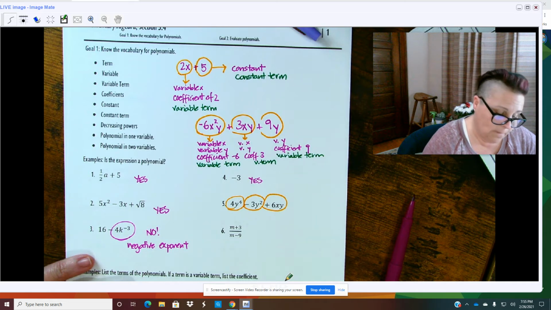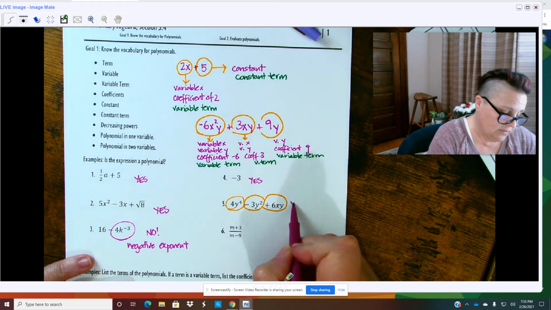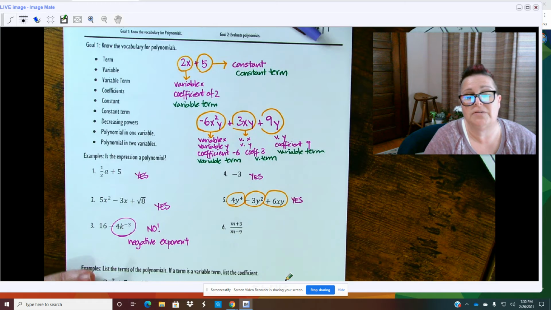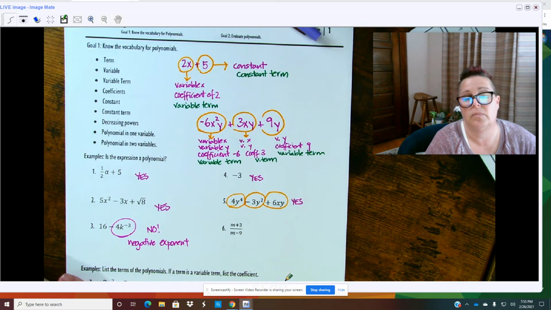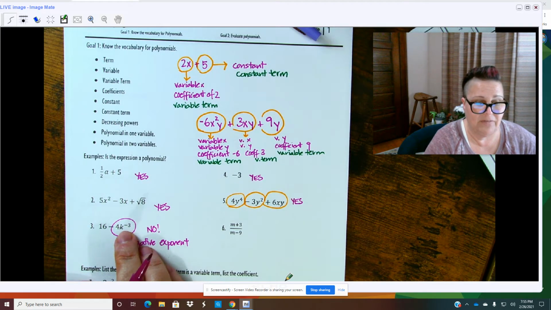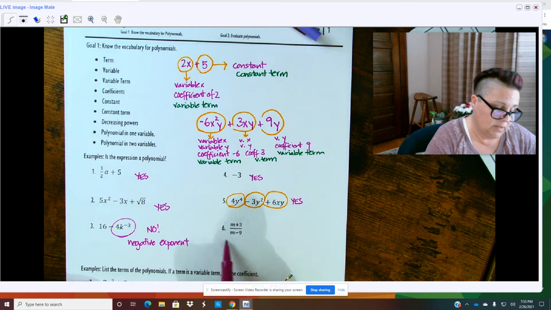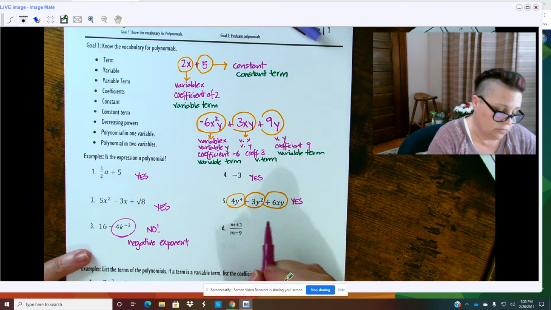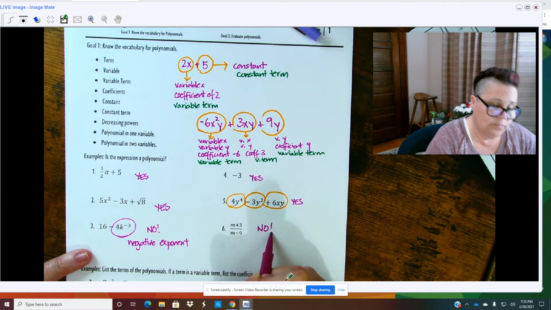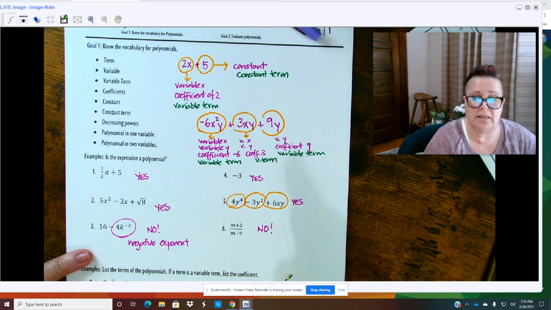If we look at problem number 6, I didn't answer yes or no. That's a yes. Problem number 6, is that a polynomial? Well, remember, I couldn't have a negative exponent because that put a variable in the denominator. Do I have a variable in the denominator here? I sure do. So this is also a no. This cannot be a polynomial.